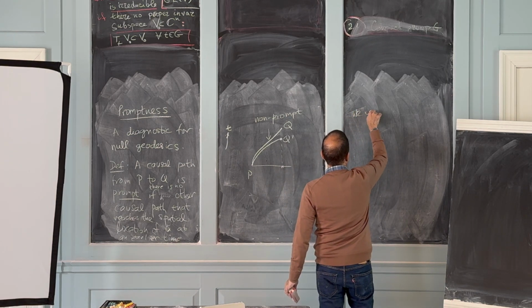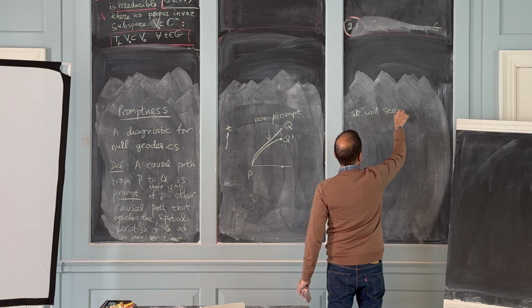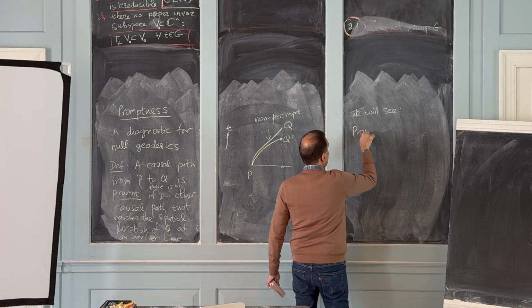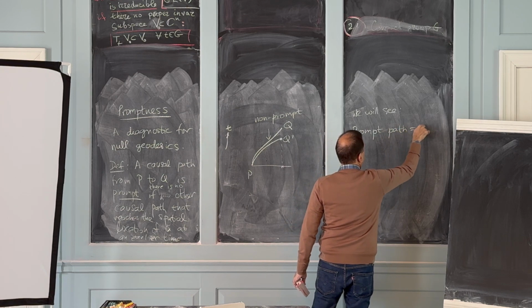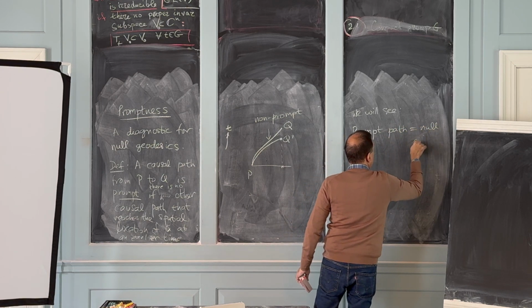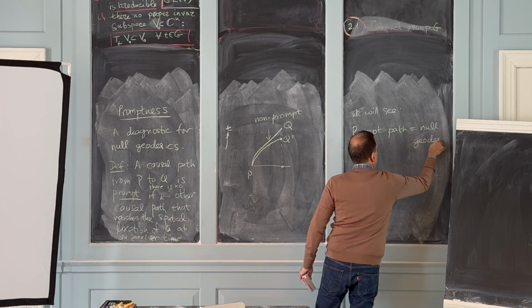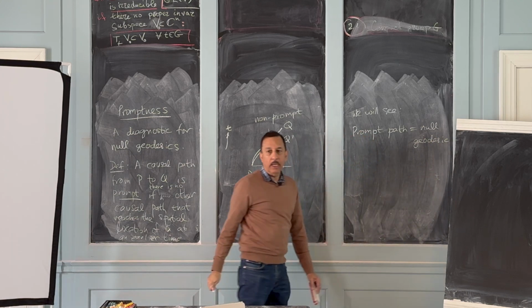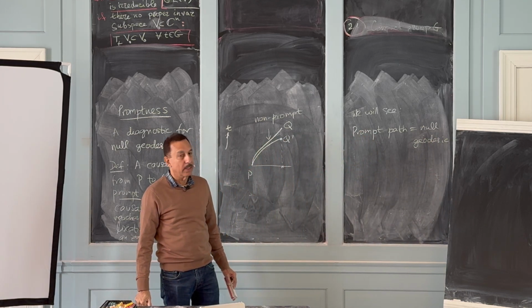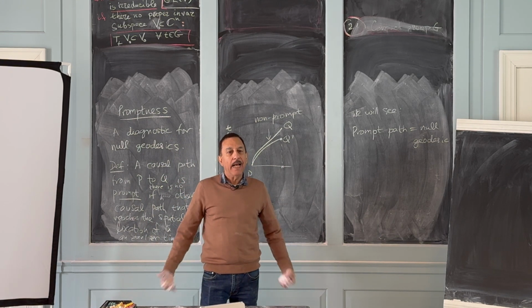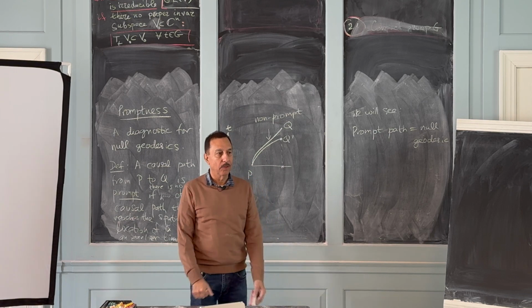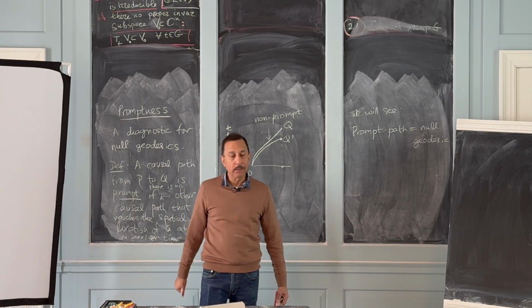So let's have a little preview: a prompt path will always be a null geodesic. In some sense, this is the analog of a statement I made earlier about time-like paths. If you have a time-like path that maximizes proper time, it has to be a geodesic. You don't need to check it for being a geodesic.